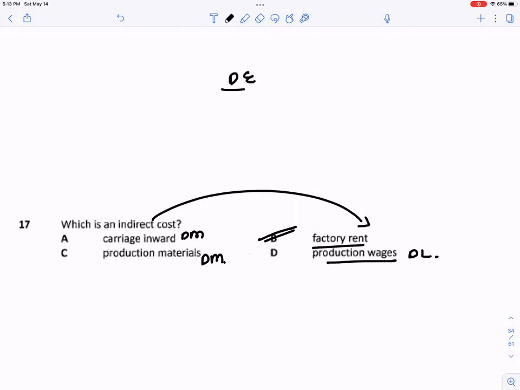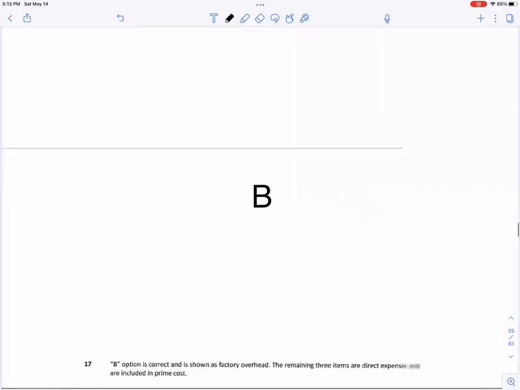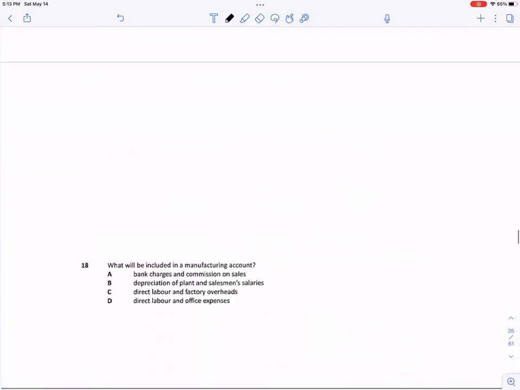Royalties and special plant, adding of special plant or machinery. Come on.